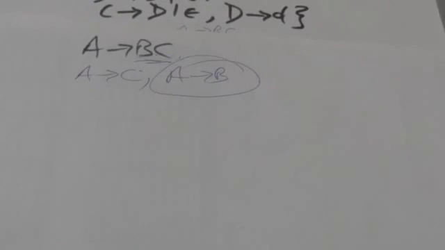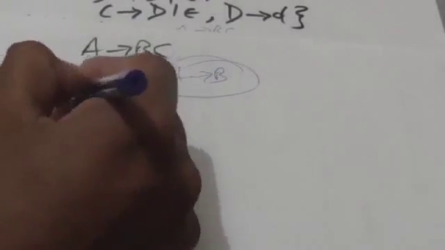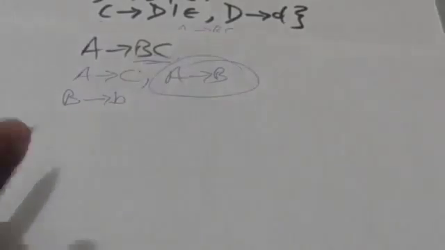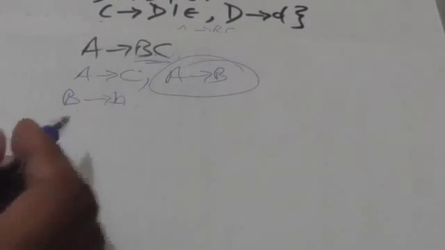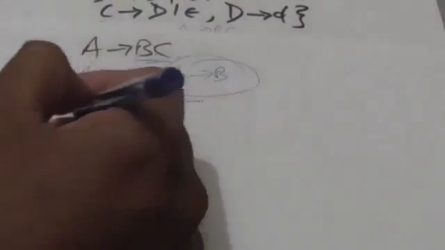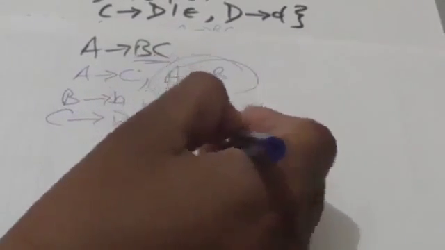Now after this, there is a production rule, B derives b. Now the right hand side of this production does not contain any nullable variable, so it will be added as it is to the set P2. Now see this and see this production.